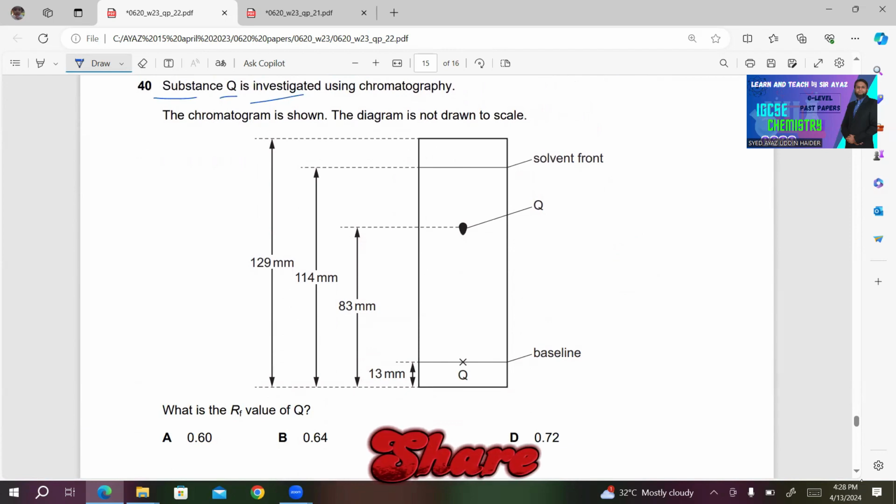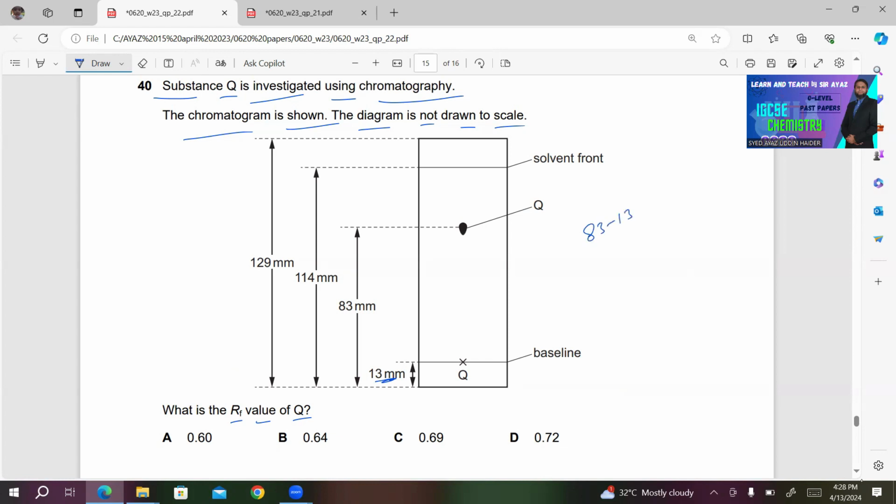Substance Q is investigated using chromatography. The chromatogram is shown. The diagram is not drawn to scale. What is the RF value of Q? We need to find the RF value of Q. So we need to subtract this one from the distance covered by Q. So we'll have 83 minus 13, divided by, what is the solvent front? 114 minus 13 again.